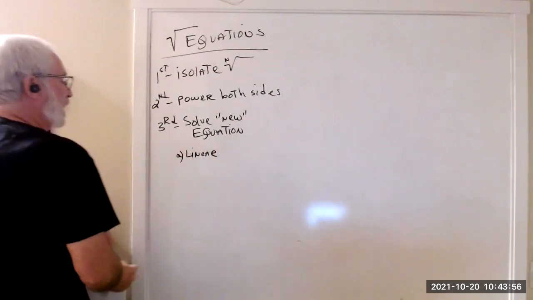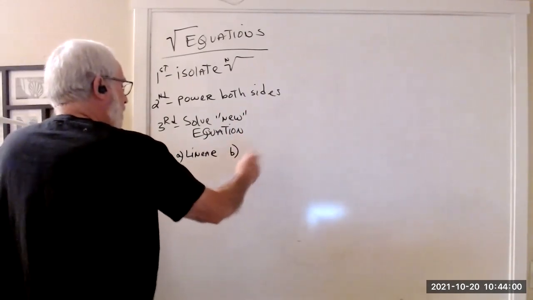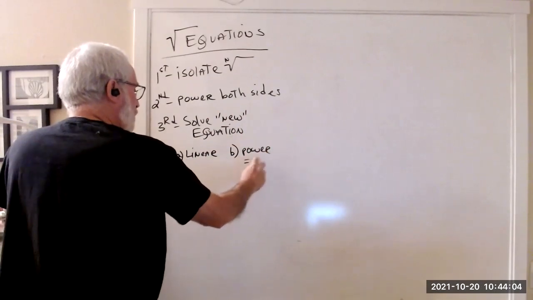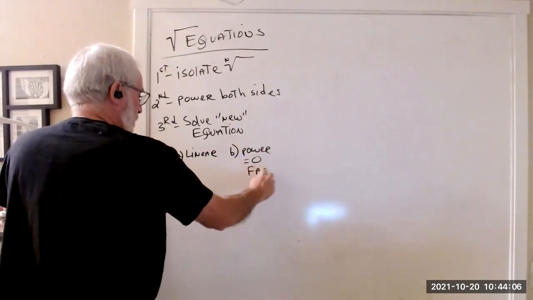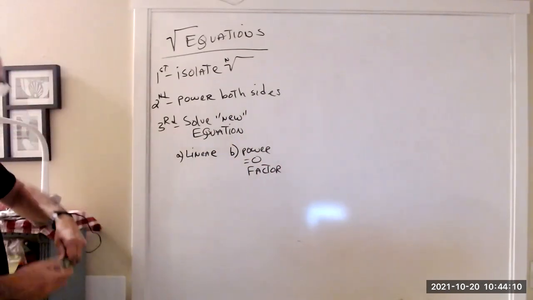Linear means get x alone, or we might have a power equation, which means we must equal 0 and then factor. And that's up to you. You guys have to make that determination.